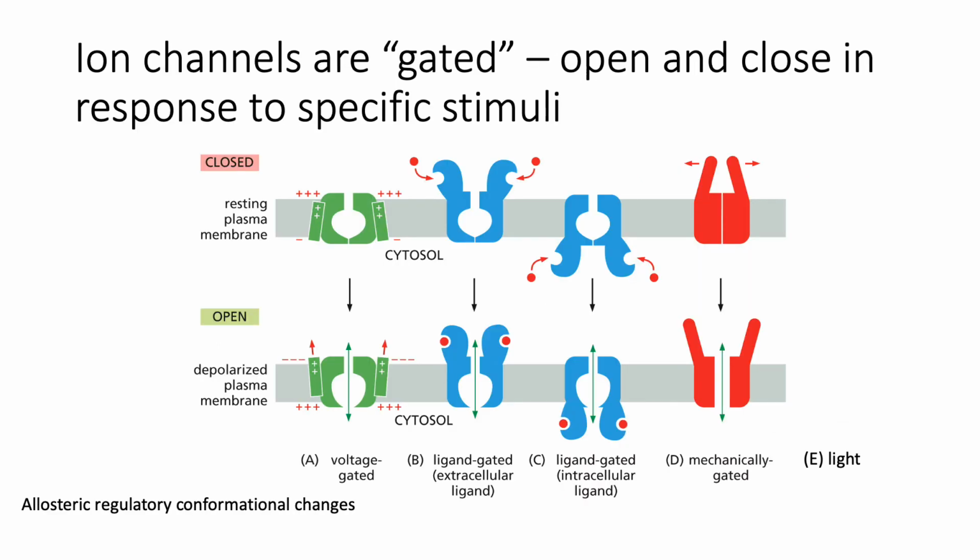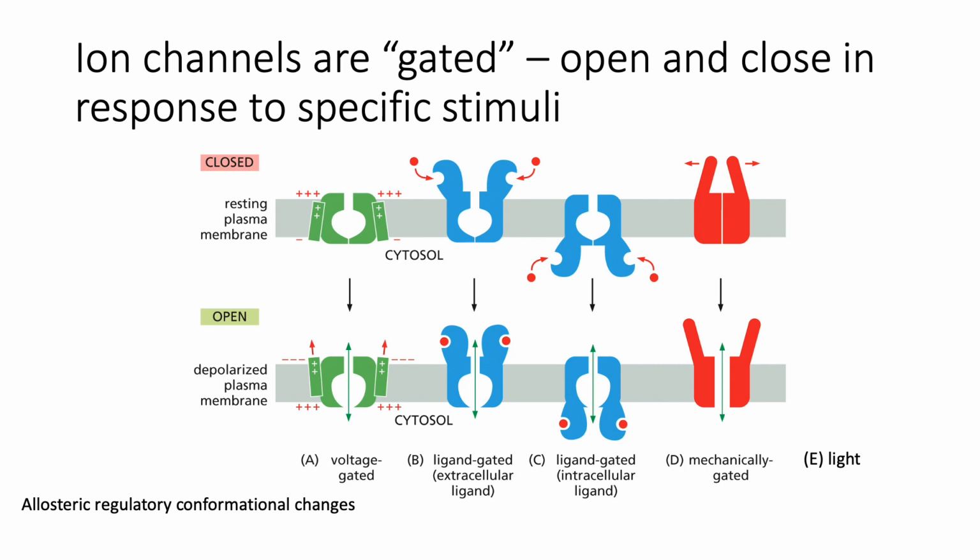So here we have some illustrations demonstrating that ion channels are gated, and the gating refers to that they can be closed and then they can be opened to allow the passage through. And of course, these changes, the opening and the closing, the gating mechanism, are allosteric conformational changes in these proteins.